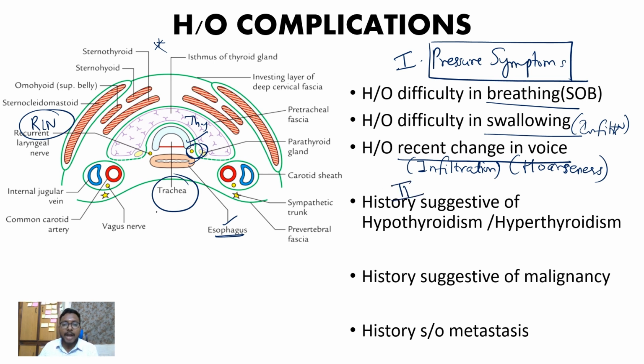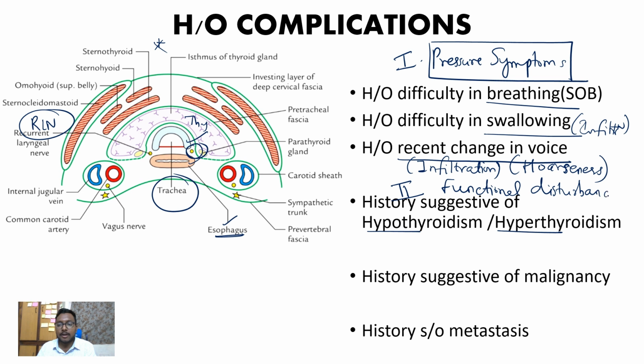Second one: I told you thyroid is a functional, endocrine gland. So it has thyroid hormone secretion. Whenever the hormone levels increase, it will cause hyperthyroidism. Whenever they decrease, it will cause hypothyroidism. So it is nothing but functional disturbance. That is the second complication history we should ask.